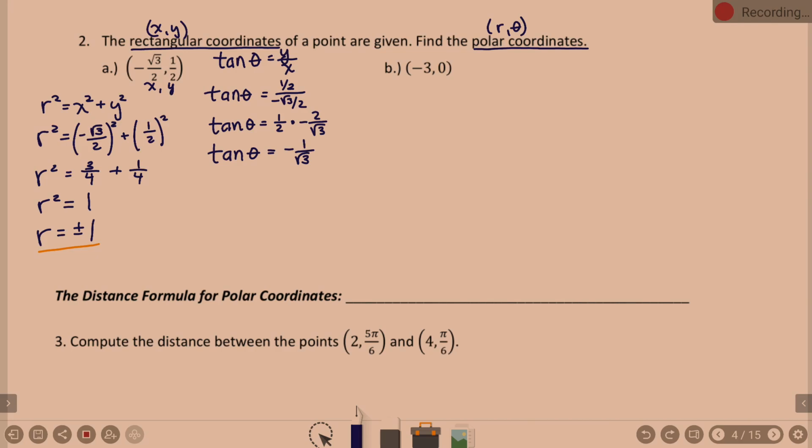Now, I've asked you guys to be familiar with 1 over the square root of 3 being the same as square root of 3 over 3 when you rationalize it, yes? Coincidences on our chart? Definitely not. So this is the same as saying tangent of theta is equal to negative square root of 3 over 3.